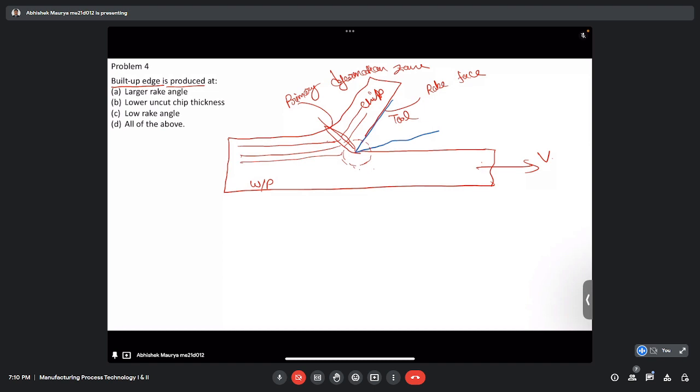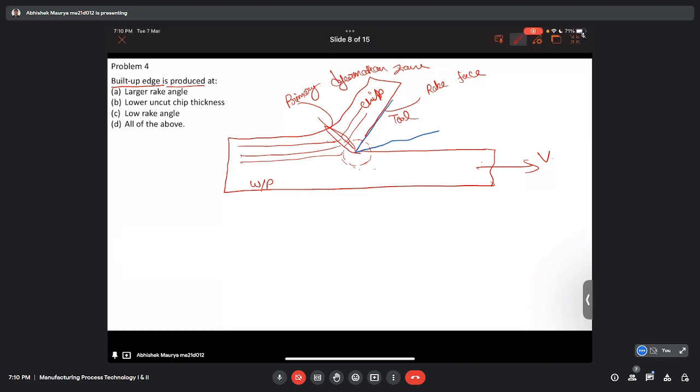If you focus on the region near the tool tip, suppose some material is here, in blue color, very close to the tool tip. It is experiencing a large compressive force. First it gets compression from here, from the top side also, and the tool provides another force.